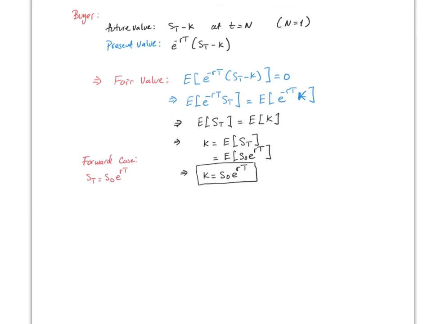Now, in general, remember, in general, S_T was equal to S0 e to the X, where X is normal.